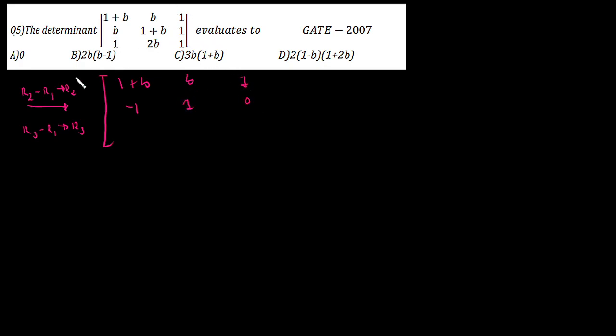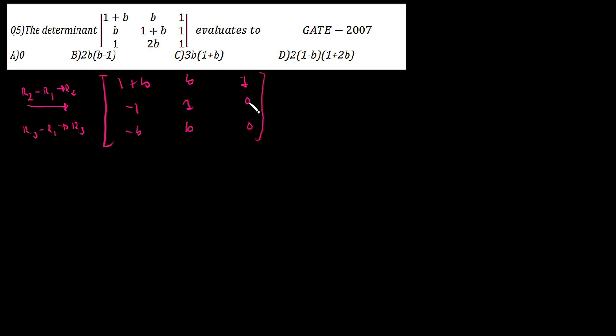Here we are getting minus 1 after multiplication. Now in the third row, this minus 1 cancels with this plus 1 and we are getting minus b. Now here I have plus 2b and minus b comes from the first row, so plus b, and here again 0. So now it is very easy to find the determinant.